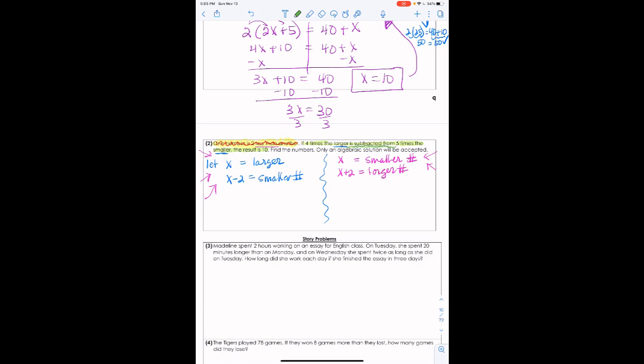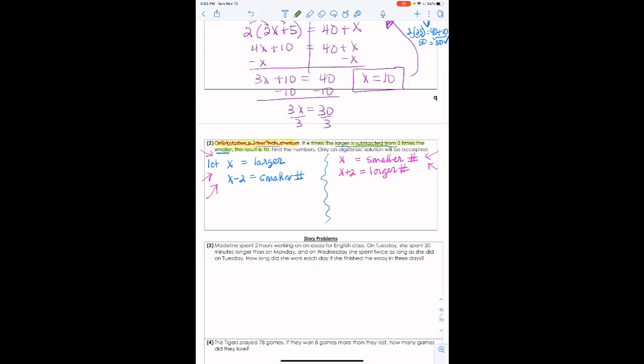I want to notice that ahead of time, the "is subtracted from." So over here with my blue legend, 4 times the larger number is subtracted from 5 times the smaller, and the result is 10.